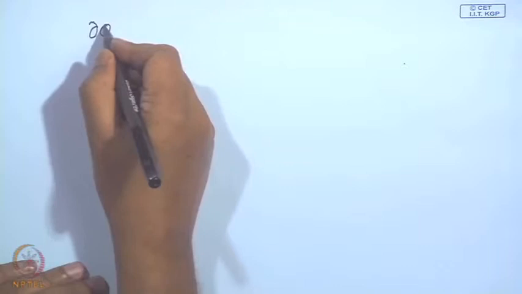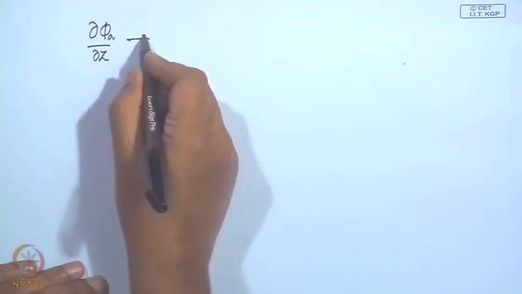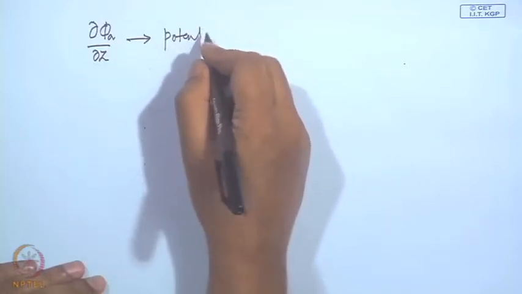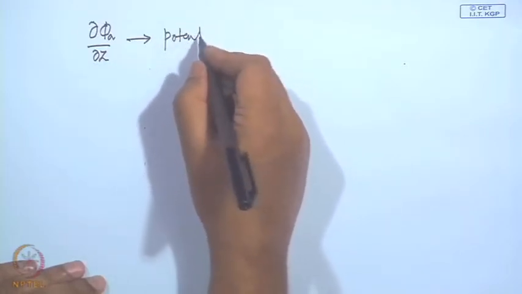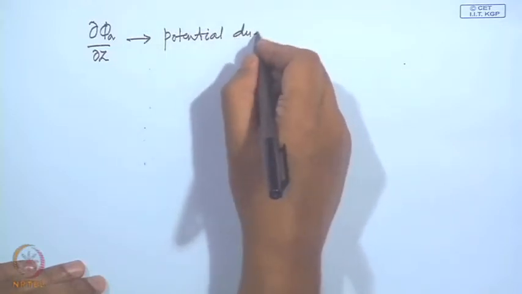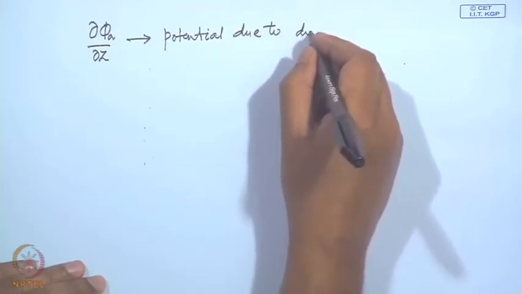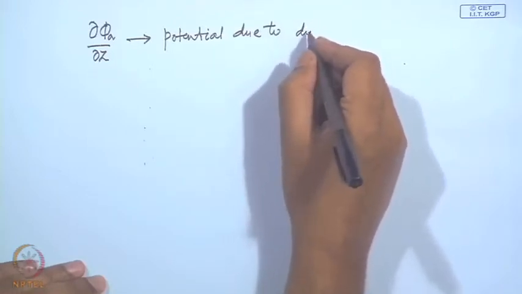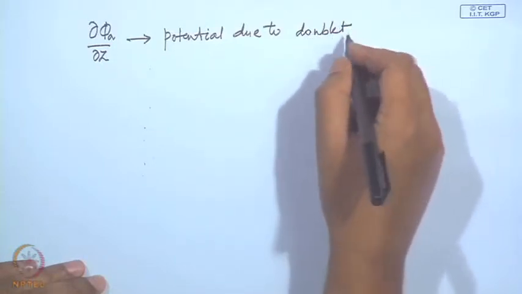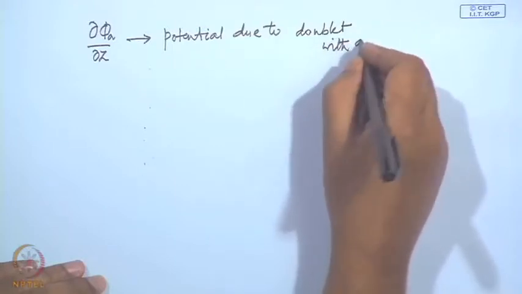So, d phi a dz is the potential due to the doublet with axis along z.